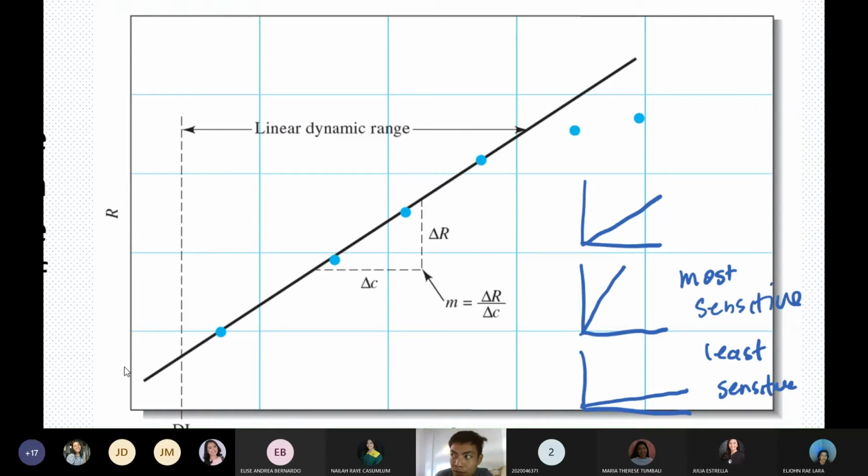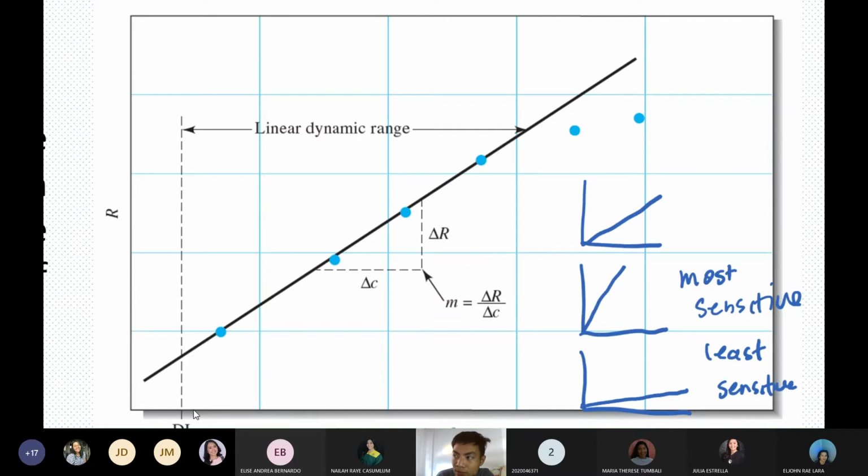Okay, so ibig sabihin itong portion na to, kapag may nakuha kang reading dyan, medyo kaduda-duda yon. Okay? Because pasok siya sa range ng noise. Ano yung noise? Yun yung standard deviation. So pagpasok siya dun sa standard deviation ditong part na to, so pangit yung reading mo doon. Hindi mo siya masyadong pagkakatiwalaan. Saan mas reliable yung result? Dito sa linear dynamic range.